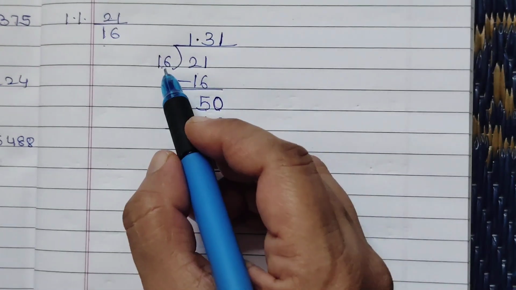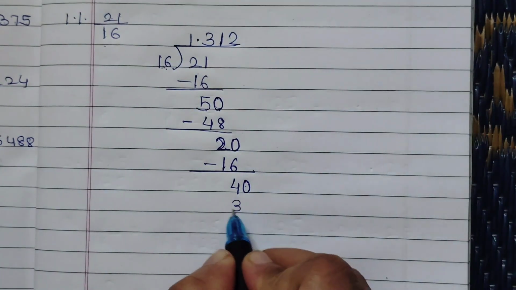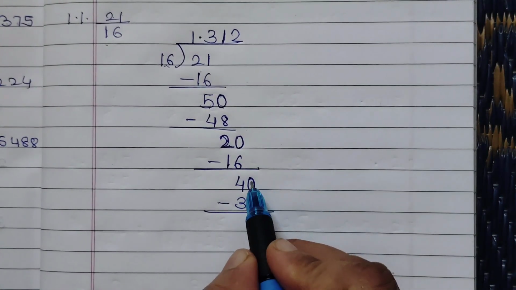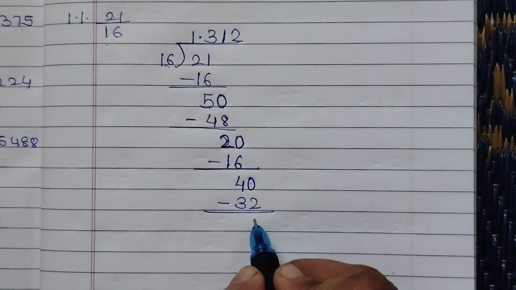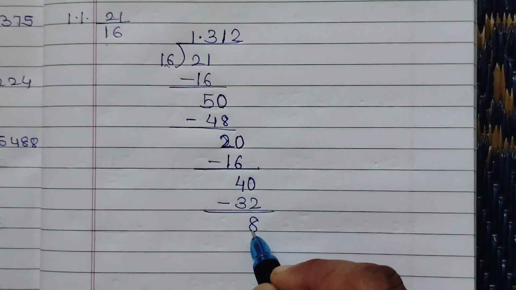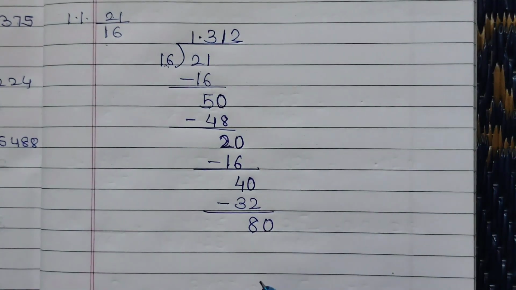Now 16 ones are 16, 16 2s are 32. Now subtract: 40 minus 32 is 8. Already the decimal is given, so here it will be 0.